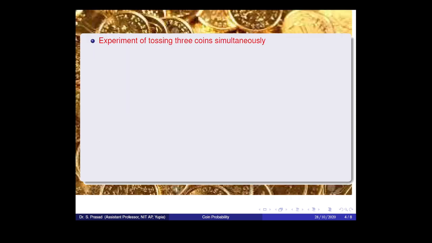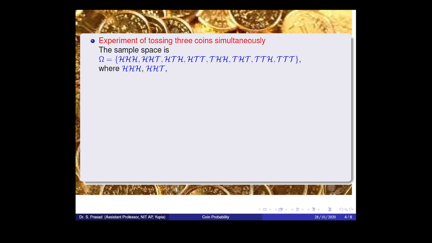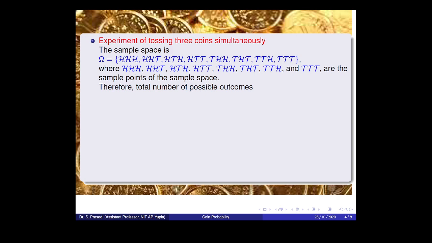And now we go for the experiment of tossing three coins simultaneously. Therefore, the sample space is HHH, HHT, HTH, HTT, THH, THT, TTH, TTT, where these are the sample points of the sample space.